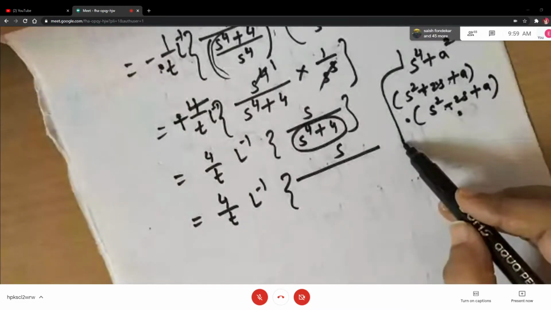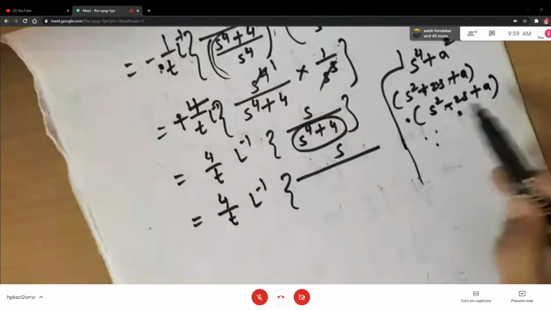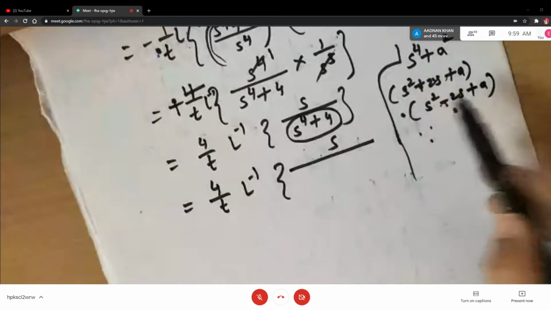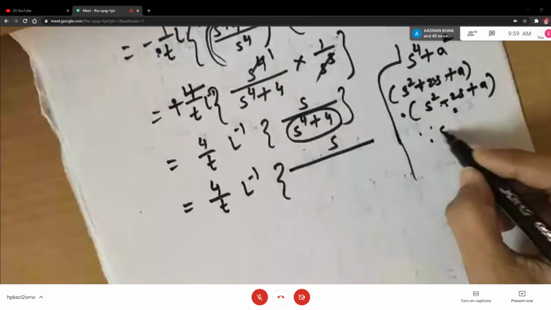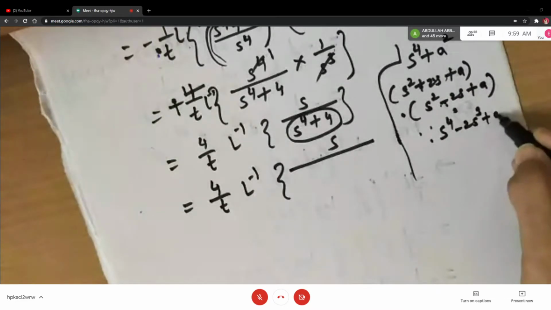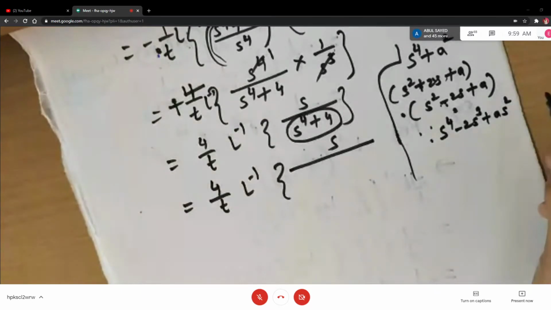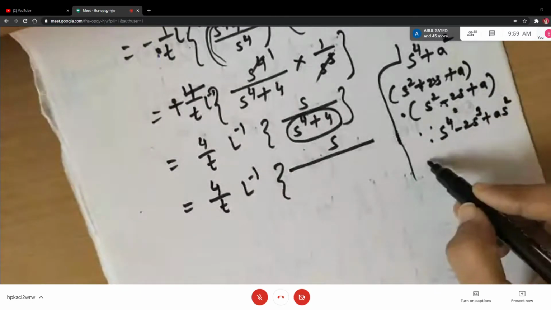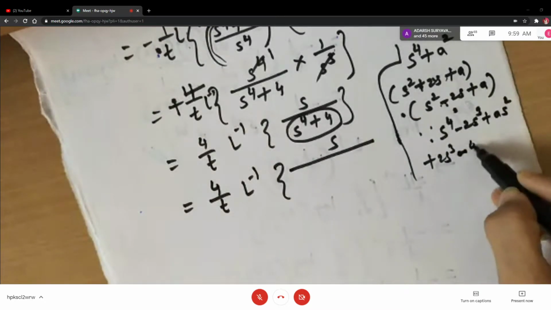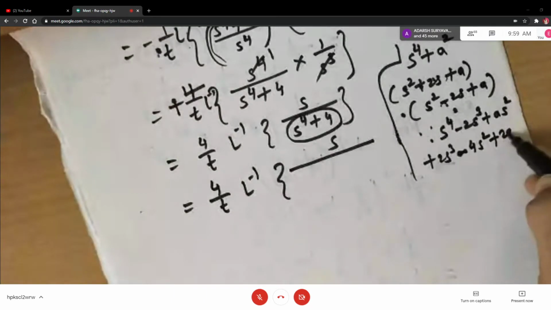Let us multiply in rough. Okay. Just to confirm the formula. Okay. First term into first term. So term by term I am multiplying s raised to 4 minus 2s cube plus a s square. Right. Then second term multiplication plus 2s cube. Then minus 2 to the 4s square plus 2as.